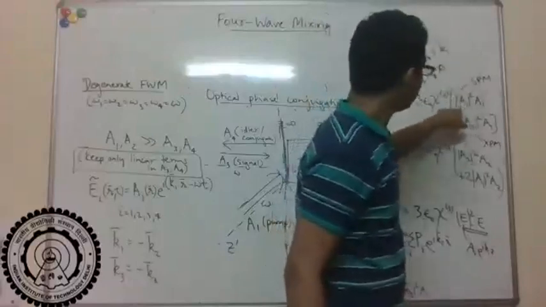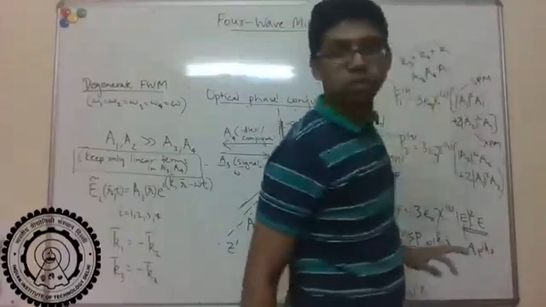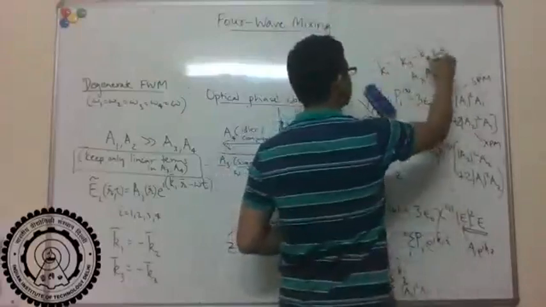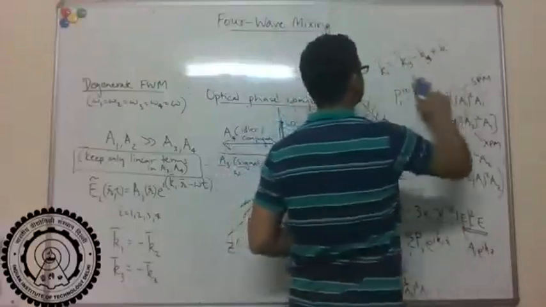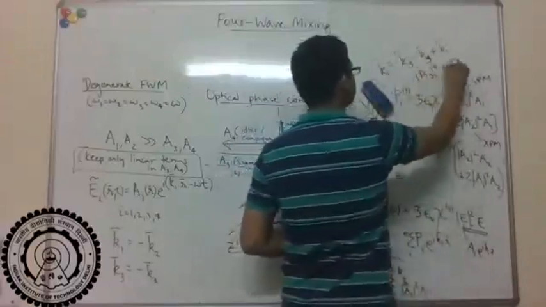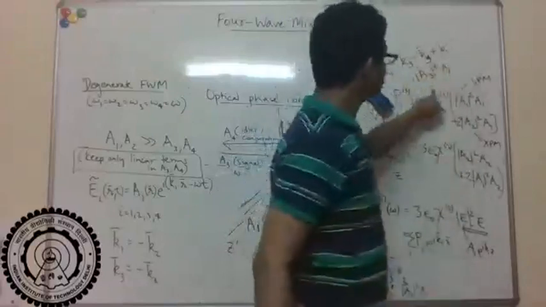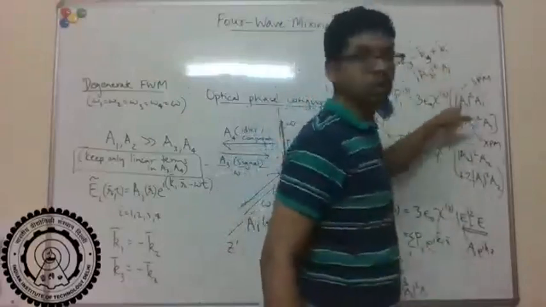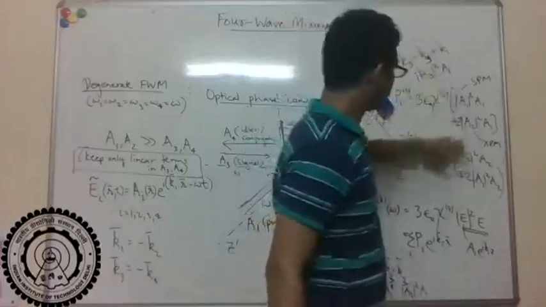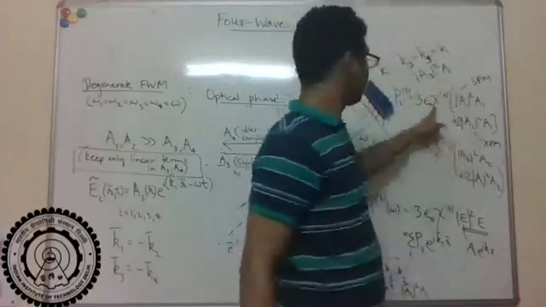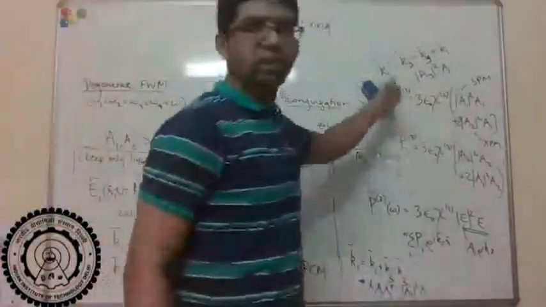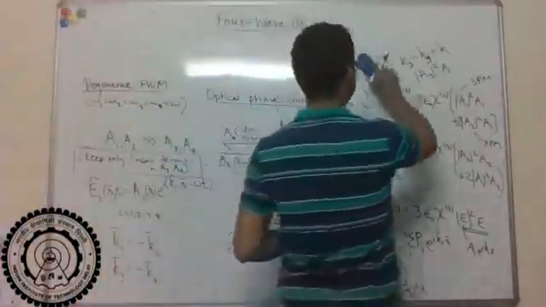I'm saying mod A1 square and A2 square is much larger than A3, A4. Similarly, I could have K3 minus K3 plus K1. This would give me mod A3 square A1. Again, mod A3 square is square in the small quantity, so it's much smaller. So any other term which has 3 or 4 will be square in the small quantity, which we neglect. But we'll see for P3, P4 we'll have terms which have.